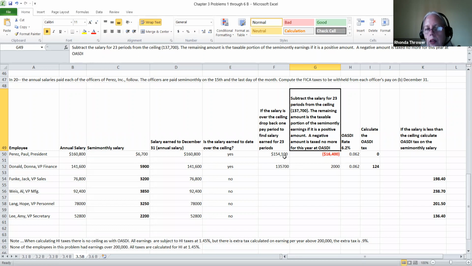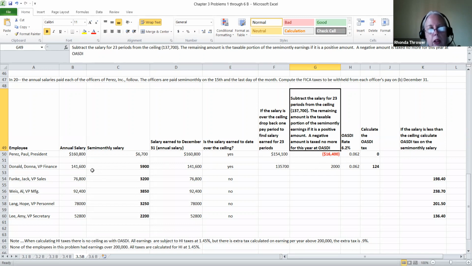If you put in 137,700 to start with, you take the ceiling and subtract from it the earnings, it would come up a negative amount. And we don't pay taxes on this negative amount here. So in other words, 154,000 at 23 pay periods was above the 137,700. So there's no OASDI taxes that would be withheld.